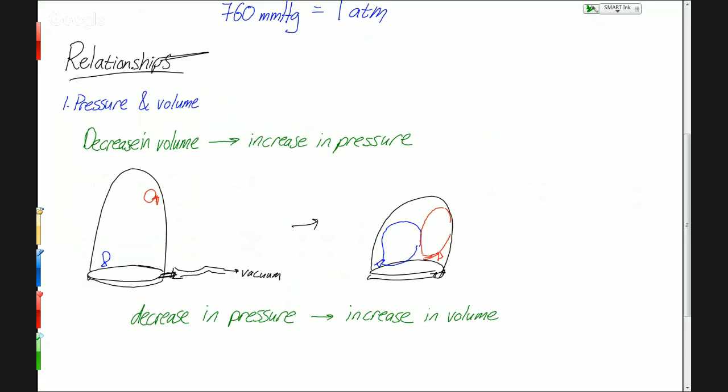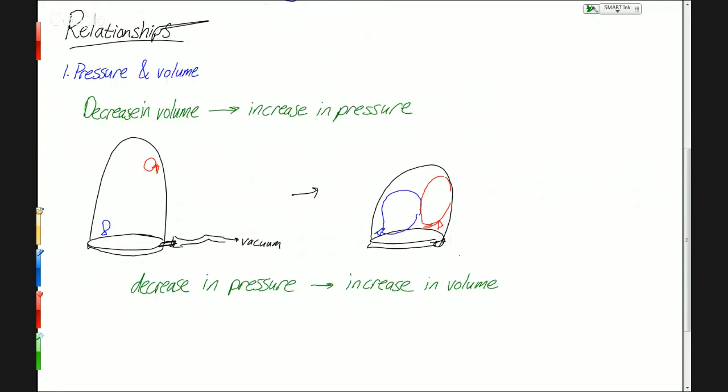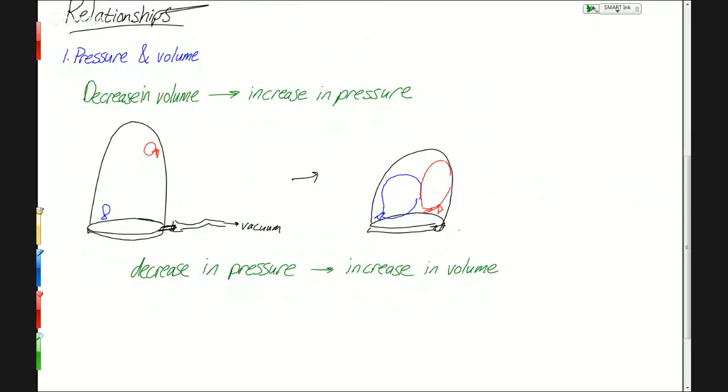So you decrease the pressure in the container, there's not as much air around there, then the same amount of air in the balloons takes up more space. That relationship between pressure and volume is known as Boyle's law.